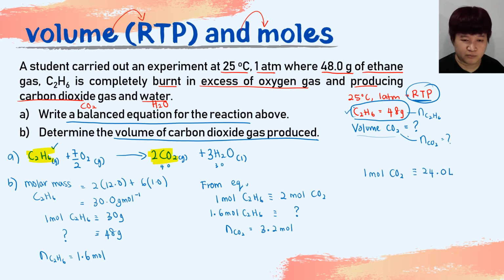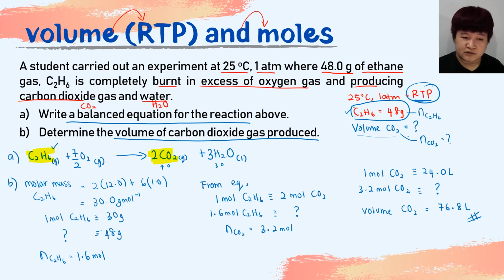And that is 1 mole. Right now, I have 3.2 mole of carbon dioxide. How many liter? So volume of the carbon dioxide calculated will be 76.8 liter. And that is the volume of carbon dioxide calculated under RTP condition.